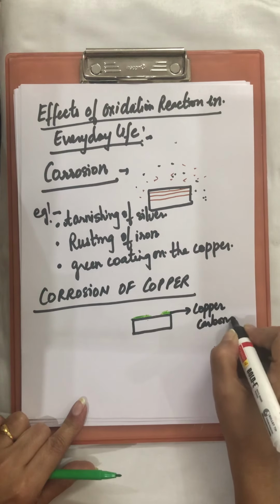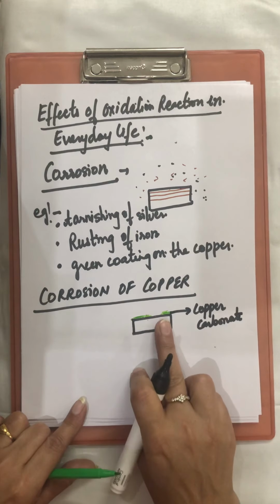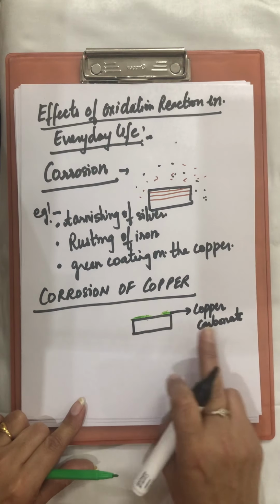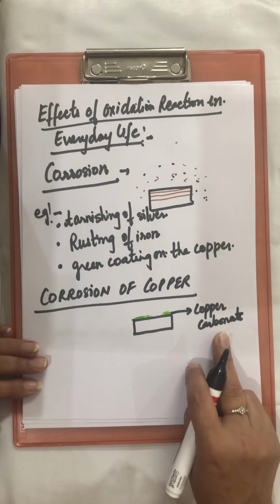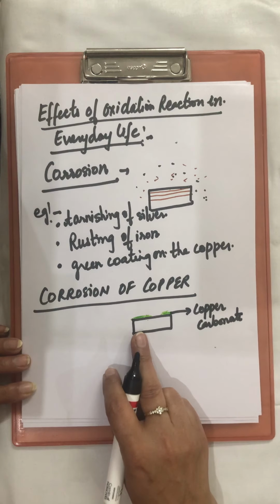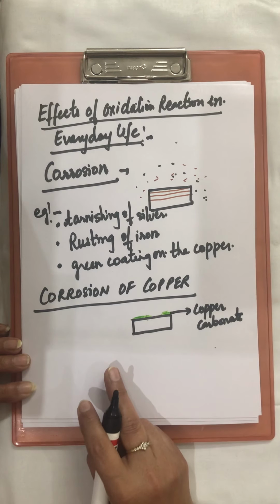So when copper comes in contact with air, it reacts with the carbon dioxide of air and the top layer will start changing to copper carbonate. Copper carbonate is of green color. That is why there is a coating of green color on copper things. And this will happen when copper is exposed to a humid atmosphere.